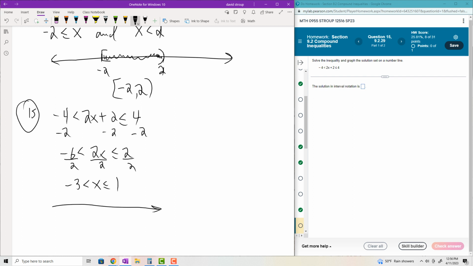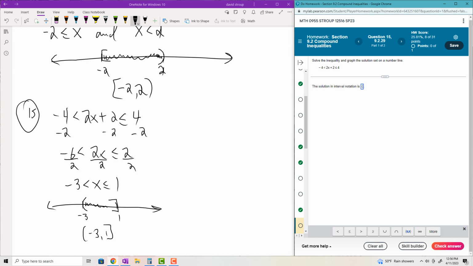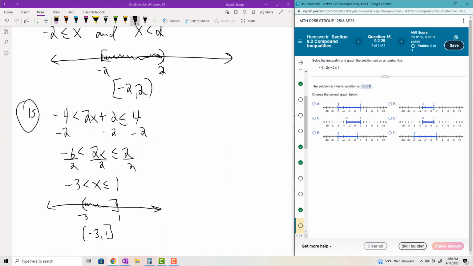Okay. And then the interval is going to go from -3, but not including -3, all the way up to 1, including 1. Okay. So the interval, not including -3, but then all the way up to 1 with a bracket. They want the actual picture.